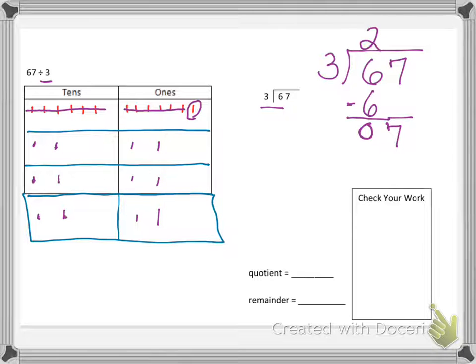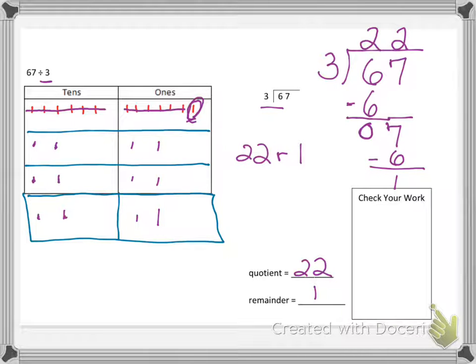Since we have 2 in each group, 3 goes into 7 2 times. And that gave us 6. And we are left with 1 remainder. So our quotient is 22, remainder 1. Looks like this, 22, remainder 1.